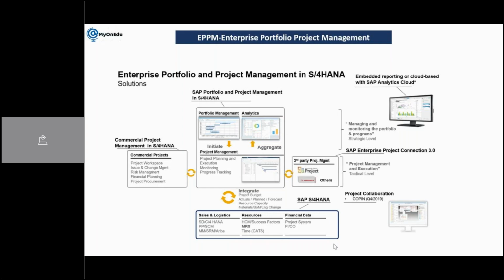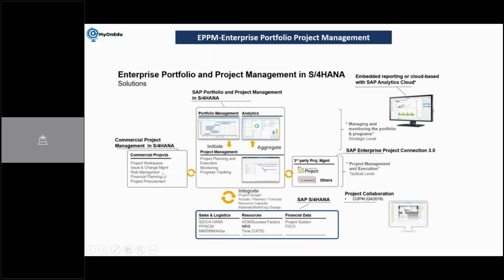On top of that, we have portfolio and project management, which is SAP Portfolio and Project Management. This includes two parts. One is portfolio management, another is project management. But that has to be on top of project system. And apart from that, we have commercial project management.